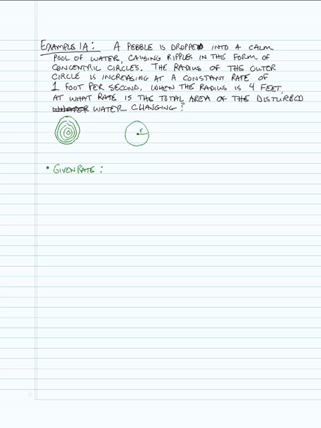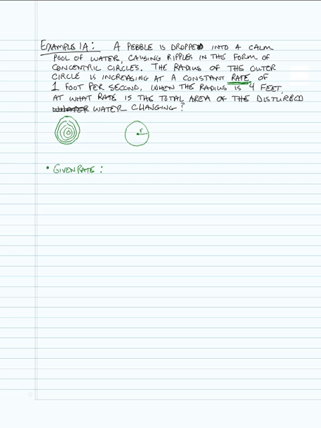We're talking about an issue of things changing with respect to time. And so, in fact, in this problem, it tells us something about a rate right there, doesn't it? A constant rate. Well, what is it? The radius of the outer circle is increasing at a constant rate of 1 foot per second.